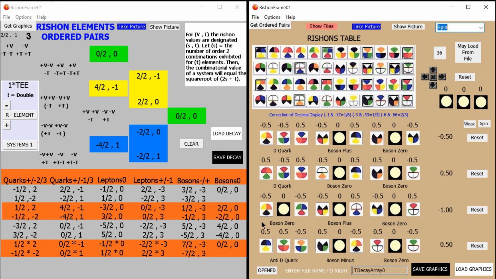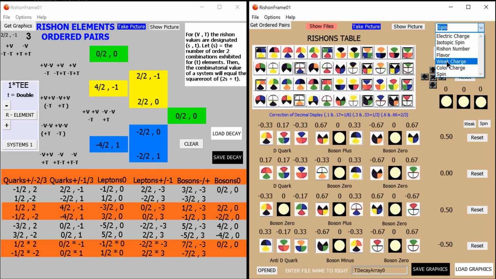And so let's look now at the weak charge, which is associated with the spin charge. We can see now that this was a generic D with a -1/2, and so a left-handed D quark in the standard model will have a -1/2 weak charge.